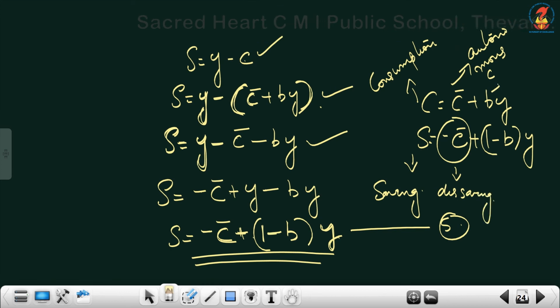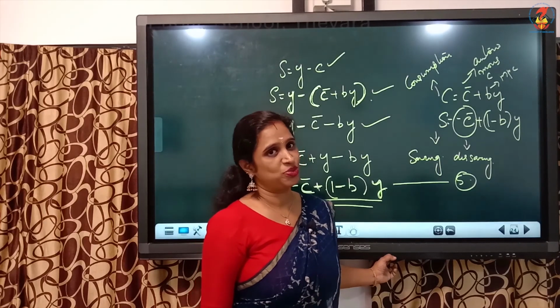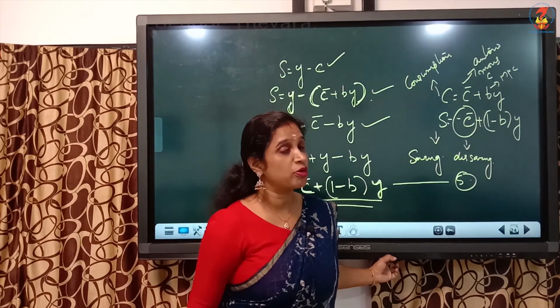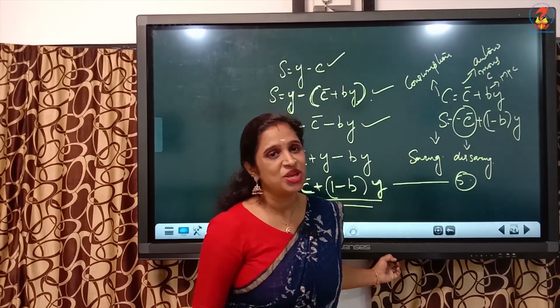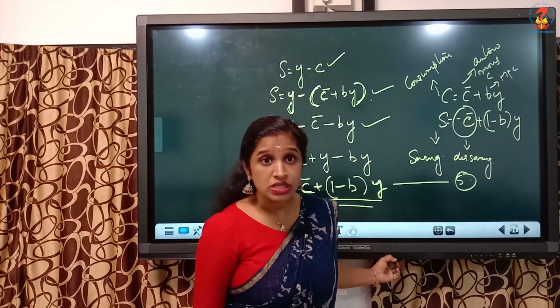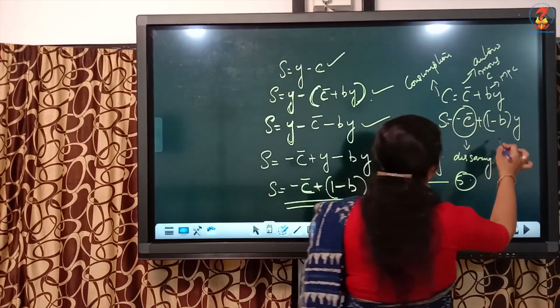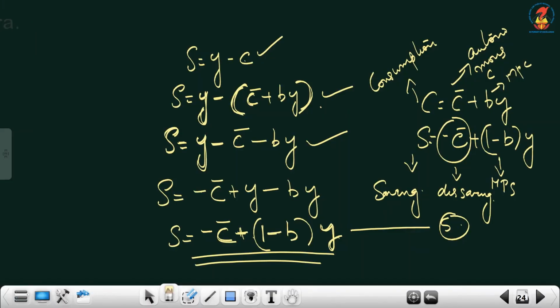Now here B is what? MPC, marginal propensity to consume. So if B is the marginal propensity to consume, definitely 1 minus B will be the marginal propensity to save, that is MPS, which we are going to learn next. Y is income. Here also Y stands for income.